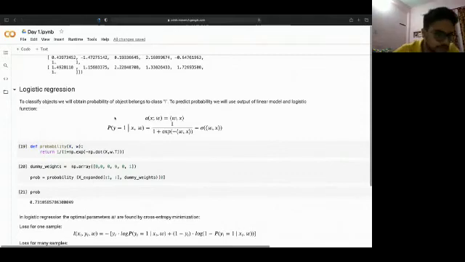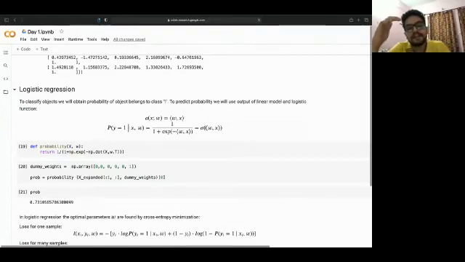So here you have a sigmoid function, so you pass in your data and the weights to this sigmoid function, and this will give you a range of values between 0 and 1, right? But we interpret these as probability scores.